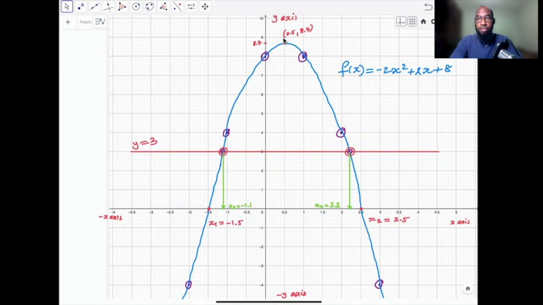You could also put the scale: the scale is 2 centimeters equals 1 unit on the x-axis and 1 cm equals 1 unit on the y-axis. If you want to be very thorough, you put the scale as well.